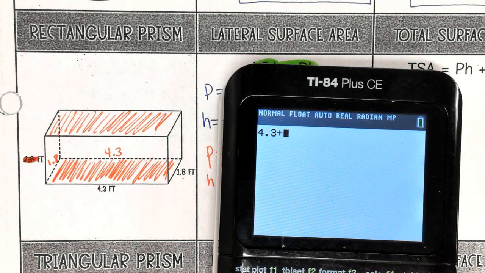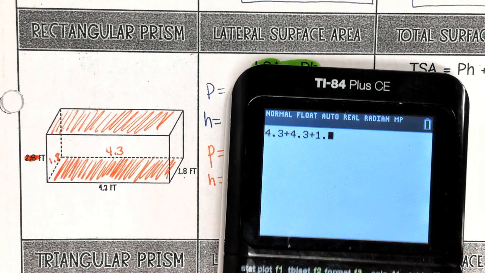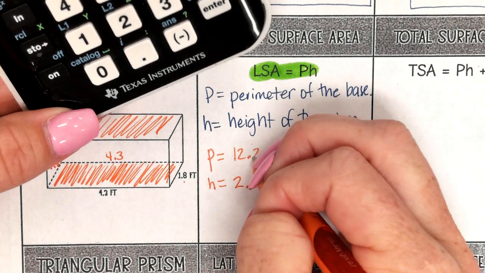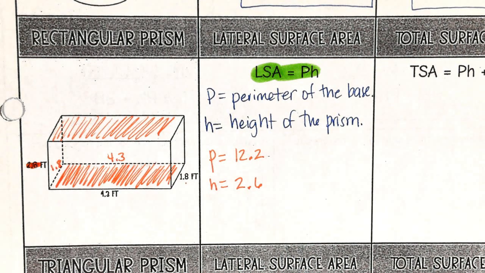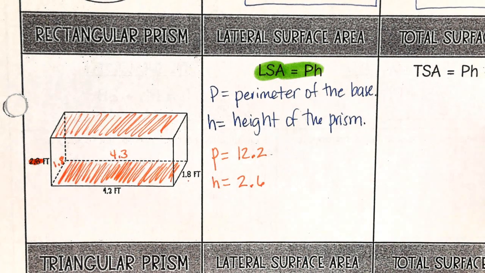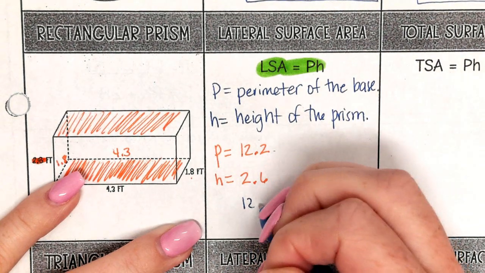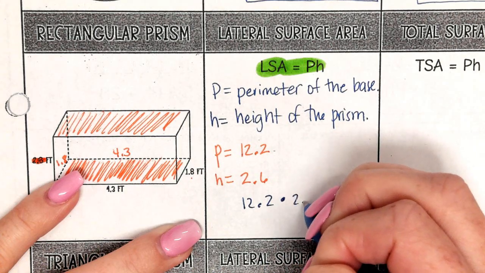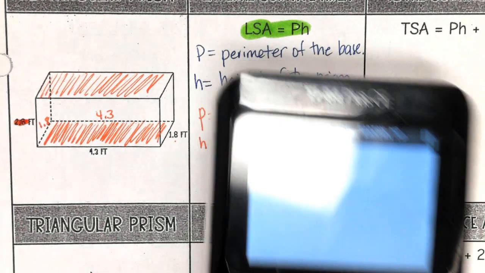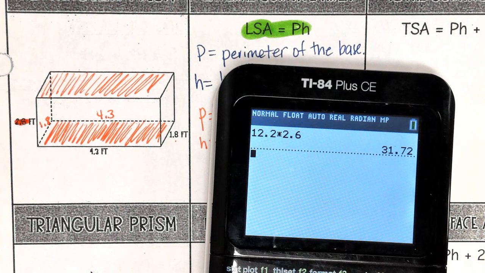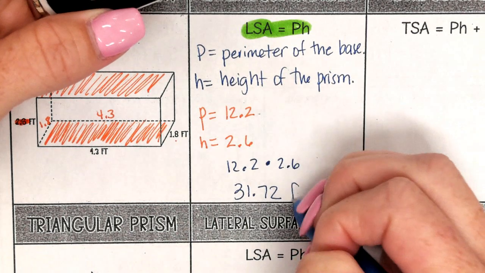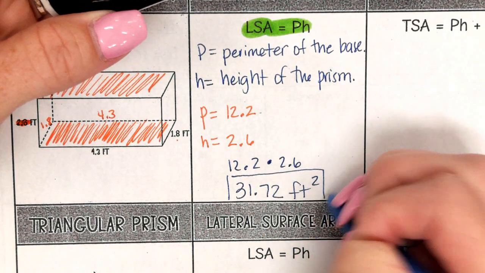So 4.3 plus 4.3 plus 1.8 plus 1.8, which is 12.2. Now, do I have all the pieces to do P times H? Yes, so I'm just going to multiply P times H, which is 31.72 feet squared.